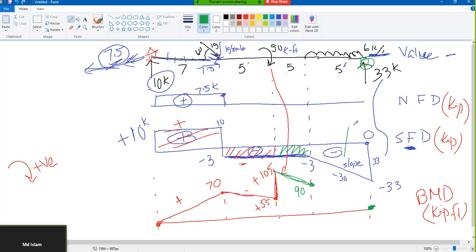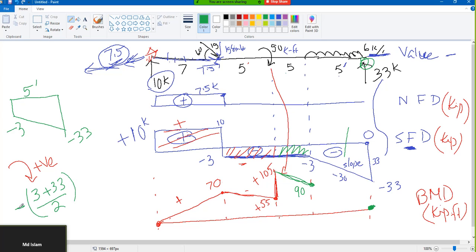Okay, let us see how it is 90. What is the area? That is a trapezium. Okay, let me draw here. This portion is 3, that portion is 33. So minus 33 minus 3, and the length is 5. So what is the average height? 33 divided by 2.